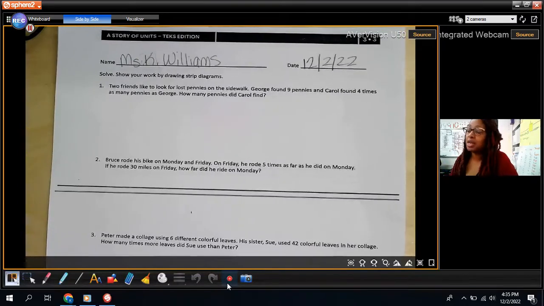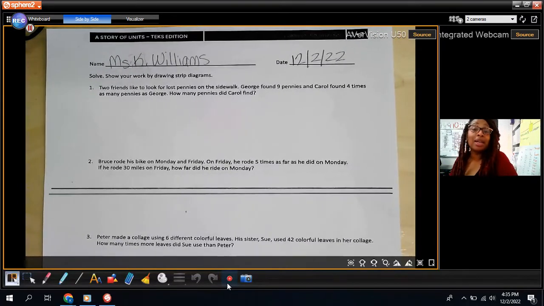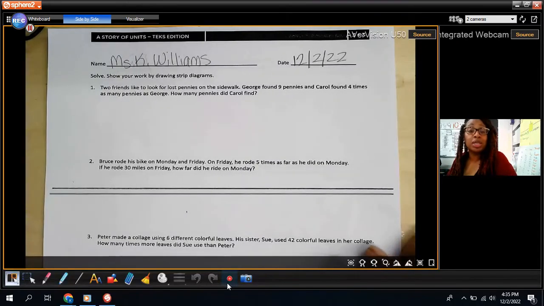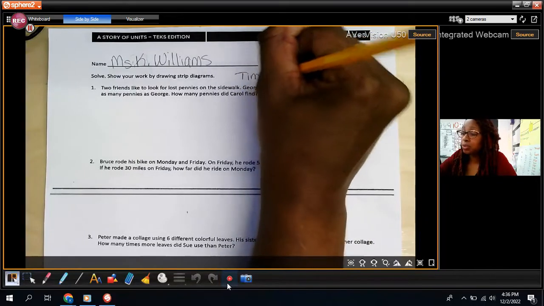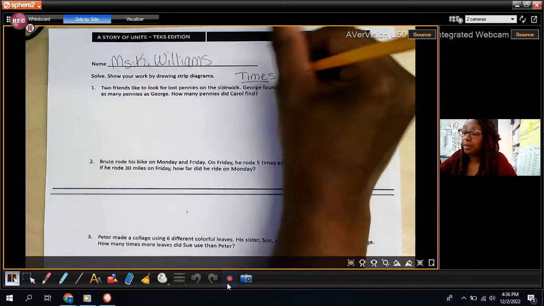I'm going to go over our last lesson for this week, which was multiplication, multiplying to compare, looking out for the words "times as many." Okay, so we know our key word was "times," which meant to multiply.